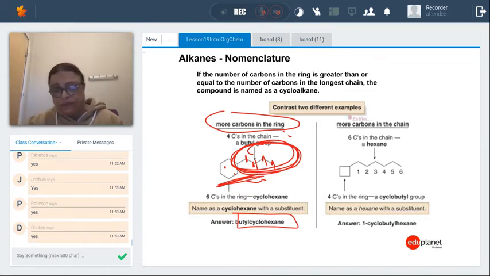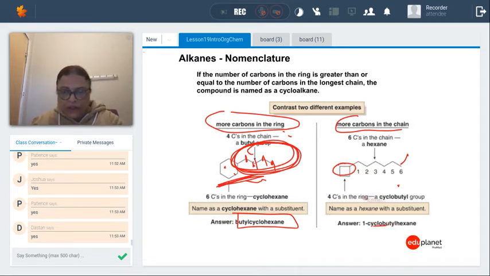But what happens if you have more carbons in the chain? Then the opposite is correct. Then the chain overrules, and you have cyclobutyl hexane. 1, 2, 3, 4, 5, 6, 6 carbons. This is hexane.